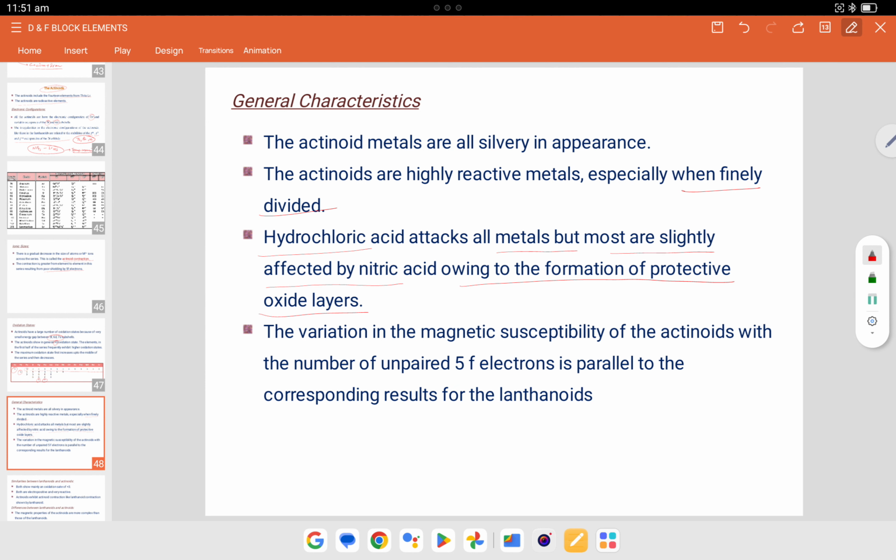The variation in the magnetic susceptibility of the actinoids with the number of unpaired electrons is parallel to the corresponding result for the lanthanoids. Basically, actinoids are paramagnetic due to the presence of unpaired electrons.